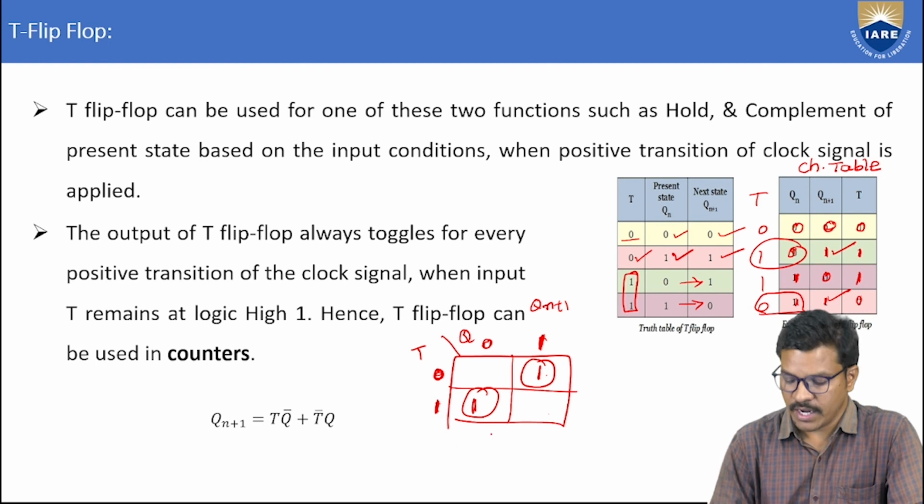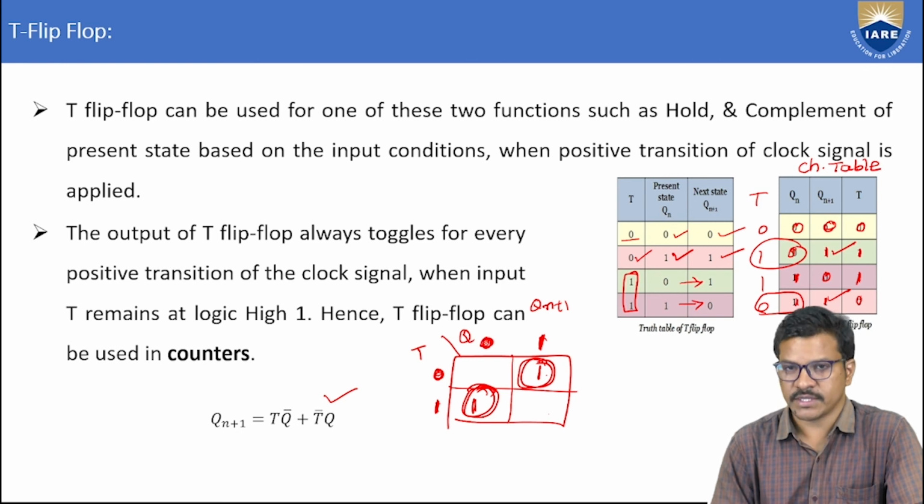For this circle we can have T bar Q, the second term, and for this circle T and Q bar, where 0 means Q bar.